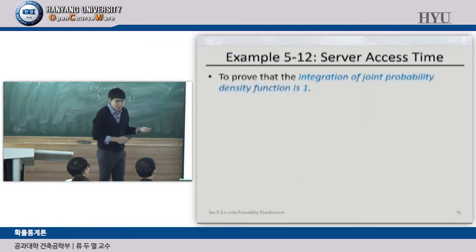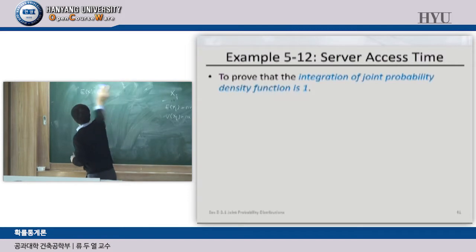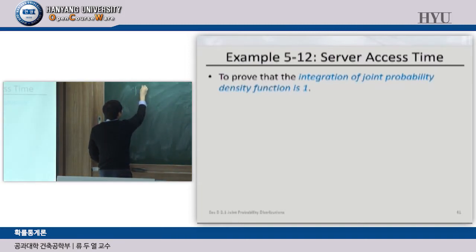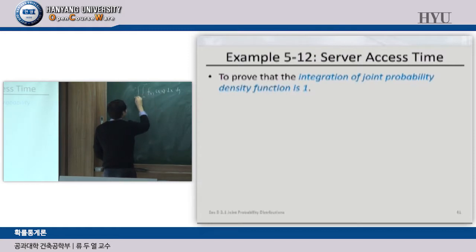And we have to prove that the integration of the joint probability density function is equal to 1 in this case. That is the first example. And we have to verify that the integral of the joint probability density function of x and y, dx dy, from minus infinity to infinity equals 1.